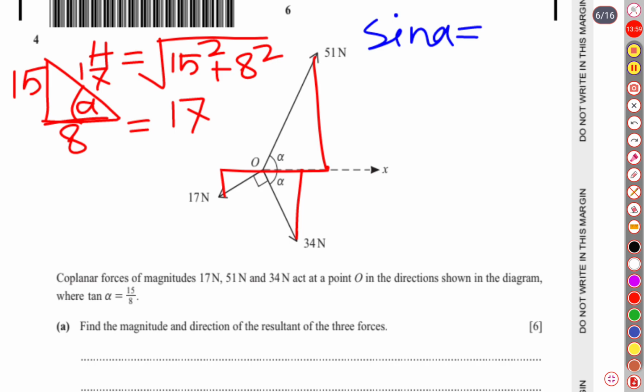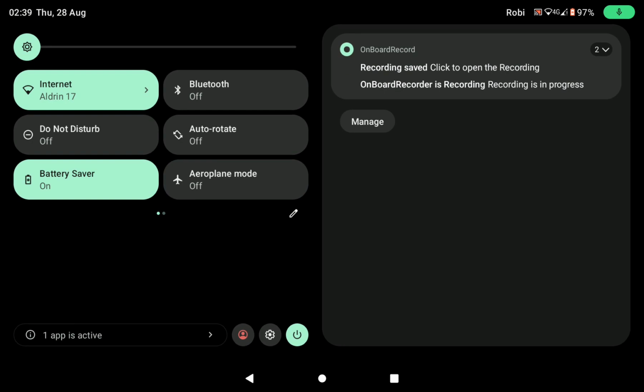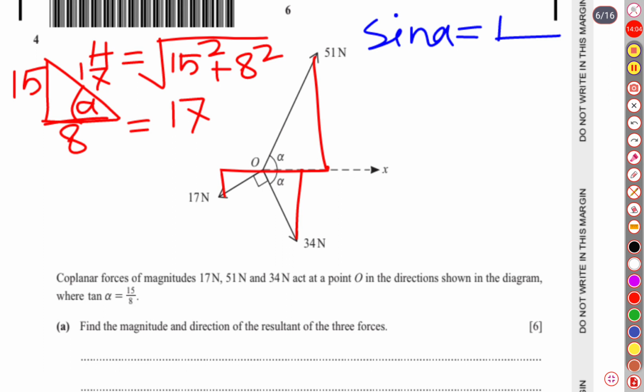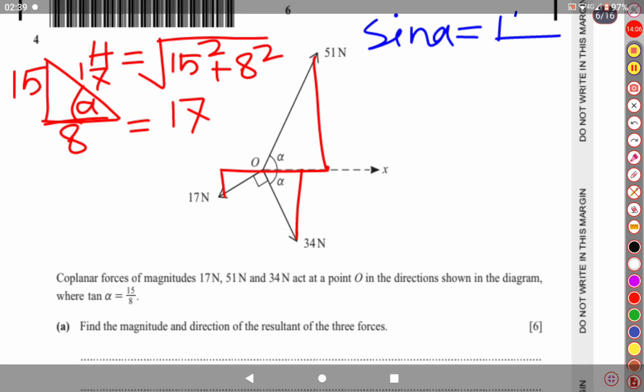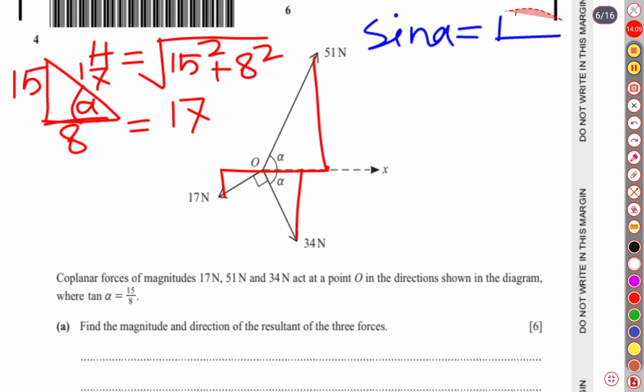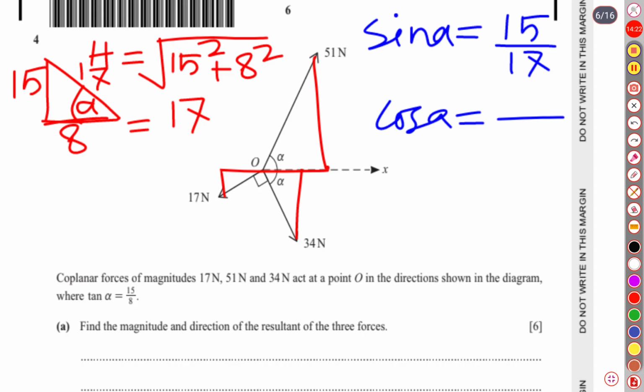So 15 over, let me erase this, 15 over hypotenuse, which is 17. Then cos alpha is adjacent over hypotenuse. Hypotenuse is 17, so adjacent is 8, 8 over 17. Okay, we have got both the sine and cosine values.